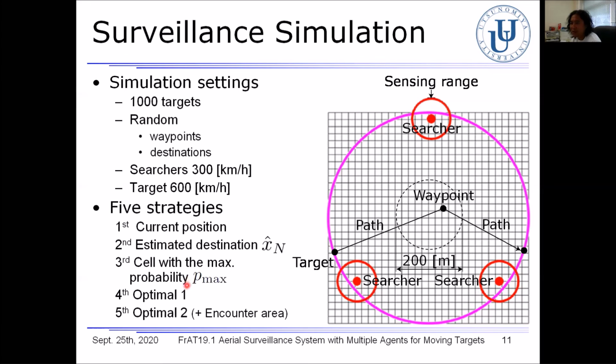And the fourth and fifth strategies are optimal strategies based on the designed reward functions. The fifth strategy is based on the reward function in consideration of the encounter area. As shown in this figure, when the target is in the red sensing range, the searcher identifies the target.